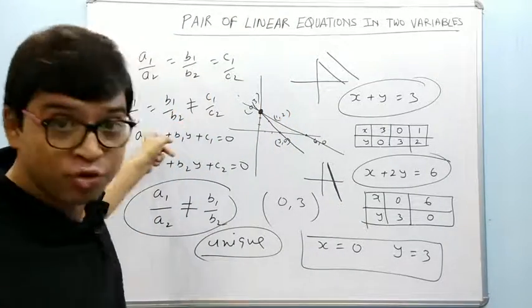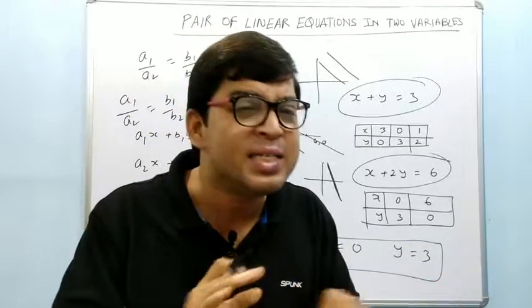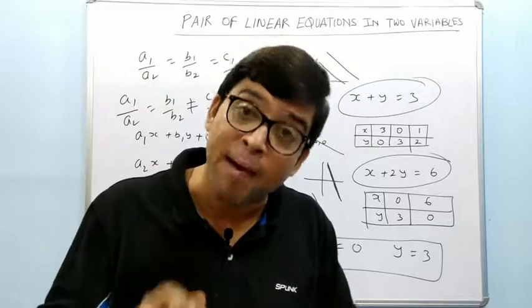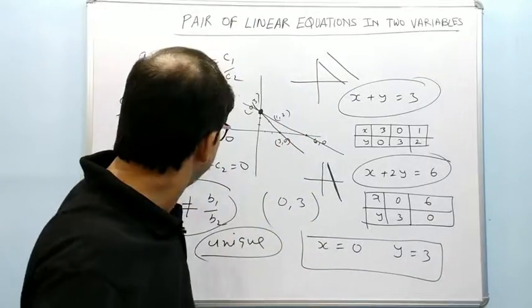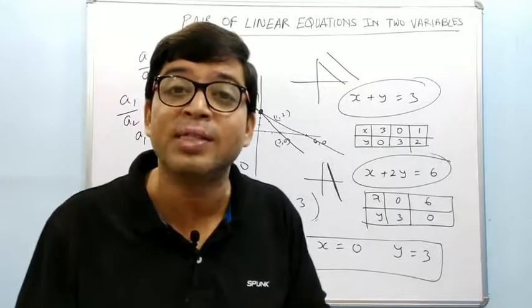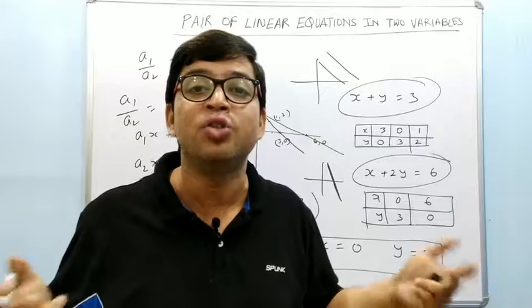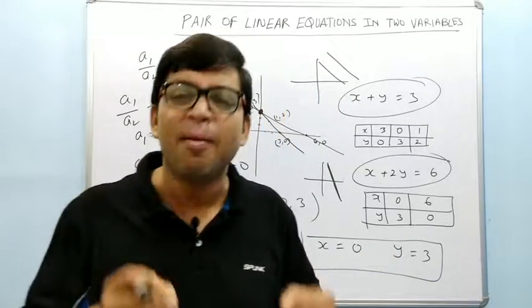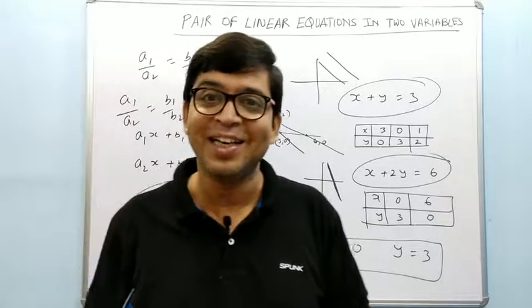And if a1 by a2 is equal to b1 by b2 is not equal to c1 by c2, lines are not cutting, and this happens when the lines are parallel. So in the case of parallel lines, this relation will exist and you will say that there is no solution, nothing common to both the equations. So easily you can predict the solution of the equations. Hope you are understanding.